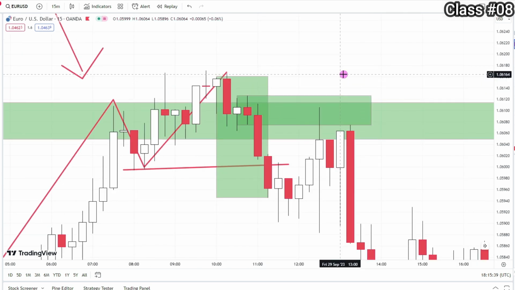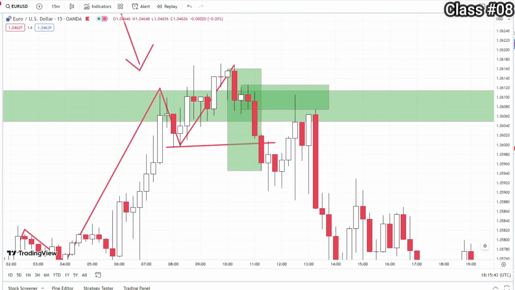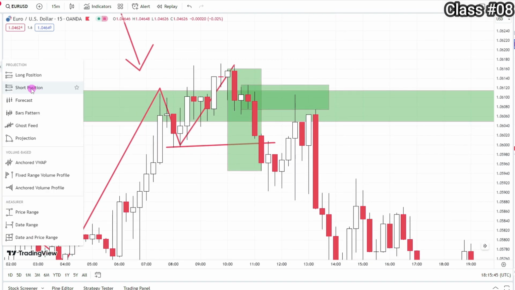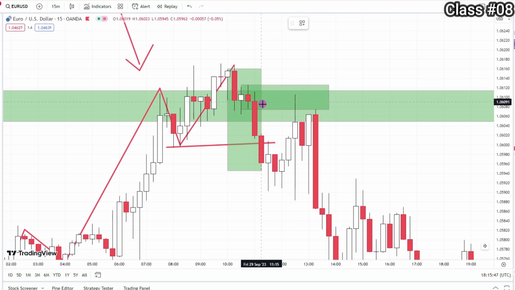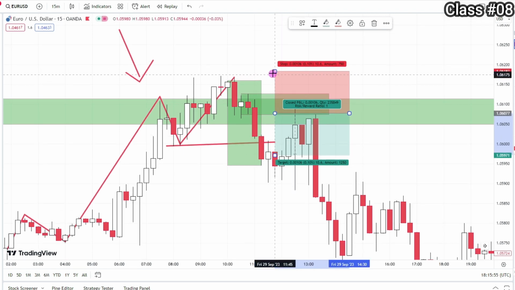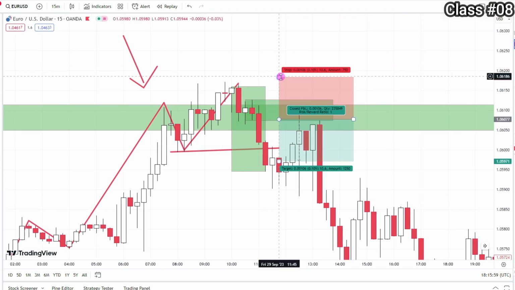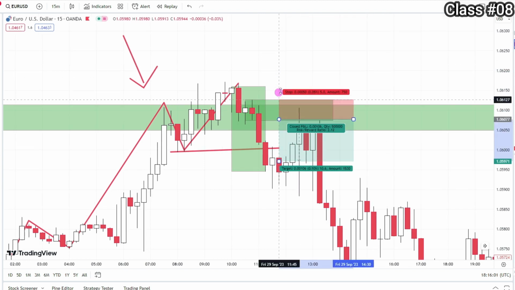Okay, after this, we need to place our sell limit order in the sell scenario. So here we'll place our sell limit order after breaking and closing, and we'll set our stop loss 1 to 2 pips above this zone.